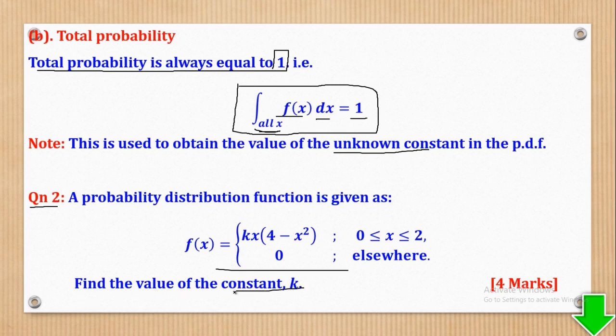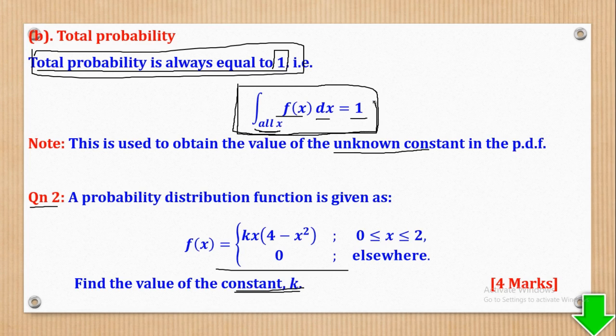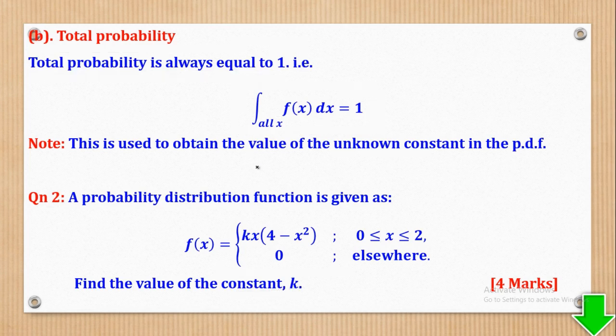When they ask for the value of the constant k, what you should always remember is that total probability is equal to 1. It means that integrating f(x) for all values of x with respect to x must be equal to 1. So this must never be forgotten. Now let's see how we can use this to find the value of the unknown constant.